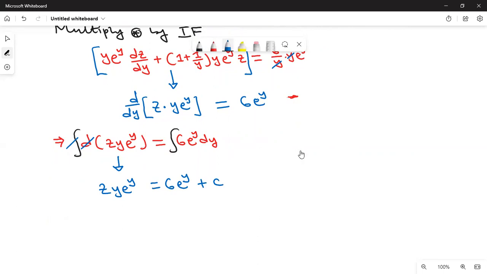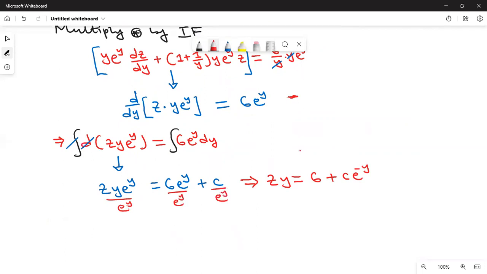Or you could also write this as z times y is equals to 6 plus c times exponential negative y. What have I done? I have divided by exponential y everywhere, so that I get what I have there.